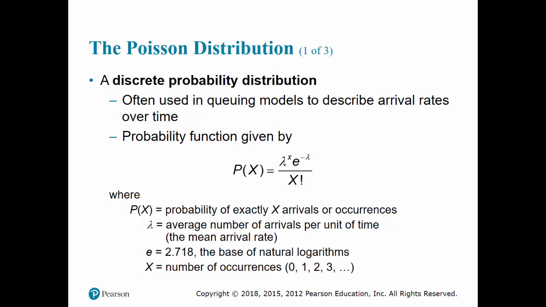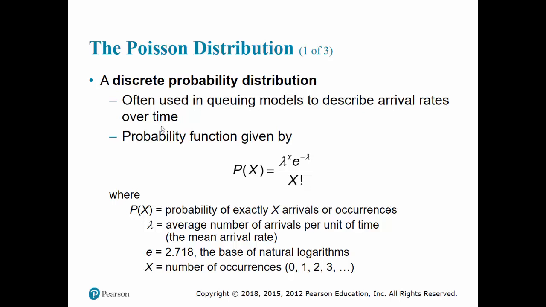Or you can also have an area-based interval. Suppose you have carpet: in 1,000 square yards of carpet, how many blemishes will there be? Those are examples of Poisson distribution, which is very often used in queuing models. It's a very important distribution.